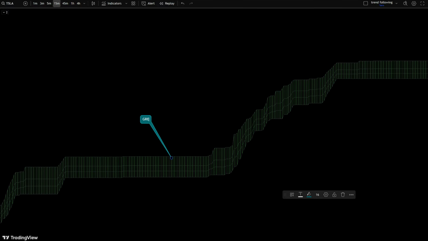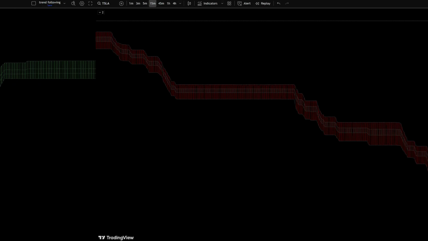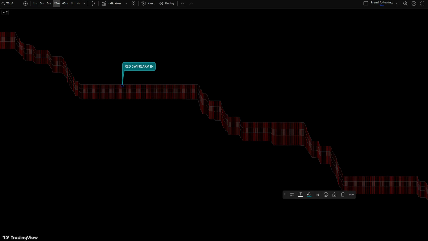Now watch the ribbon. It switches between green and red. Green means the trend is up and momentum is bullish. Red means the trend is down and momentum is bearish. That ribbon is your filter.